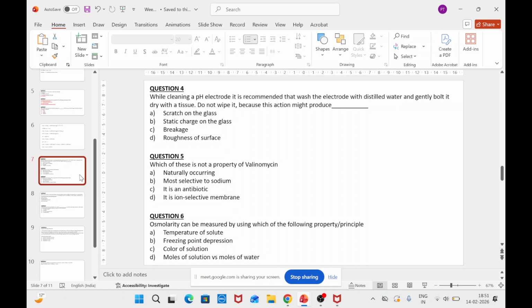While cleaning a pH electrode, it is recommended to wash the electrode with distilled water and gently blot it with a dry tissue. Do not wipe it, because this action might produce scratches on the glass, static charges on the glass, breakage, and roughness of the surface.